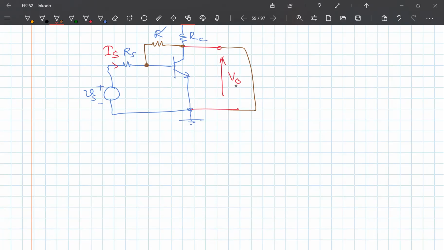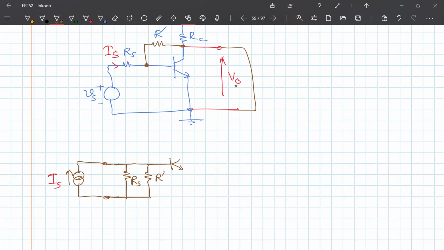So my input circuit will be, I have two resistors in parallel, R dash and R in parallel. Obviously, you can replace your source with its Norton's equivalent circuit like that. So this is my IS, and you have the transistor.